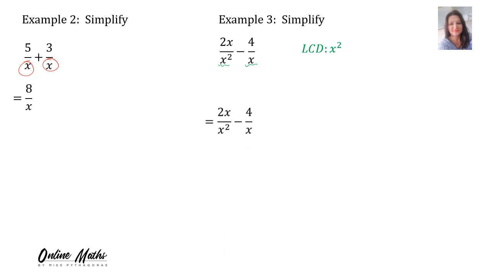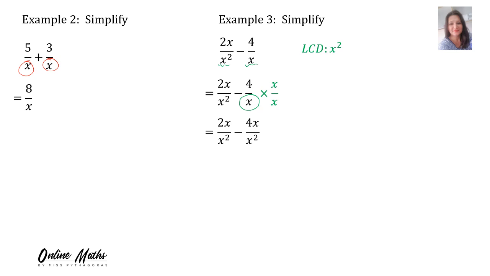And then what you're going to do is, well, you write down your sum, and then it's only the second term that you're going to multiply with x over x to turn this x into x squared. And then you have 2x over x squared minus, and then on top it's 4x over x squared.